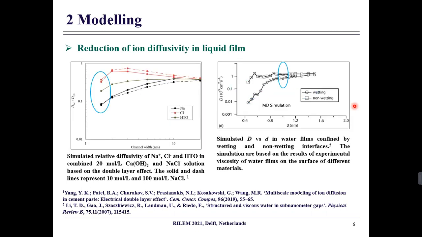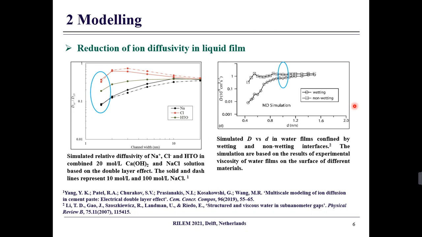This slide gives us a quantitative demonstration of the inhibiting effect. Two results are simulated based on molecular dynamics. The left shows the reduction of ion diffusivity caused by the electrical double layer. The right shows the structured water layer effect.